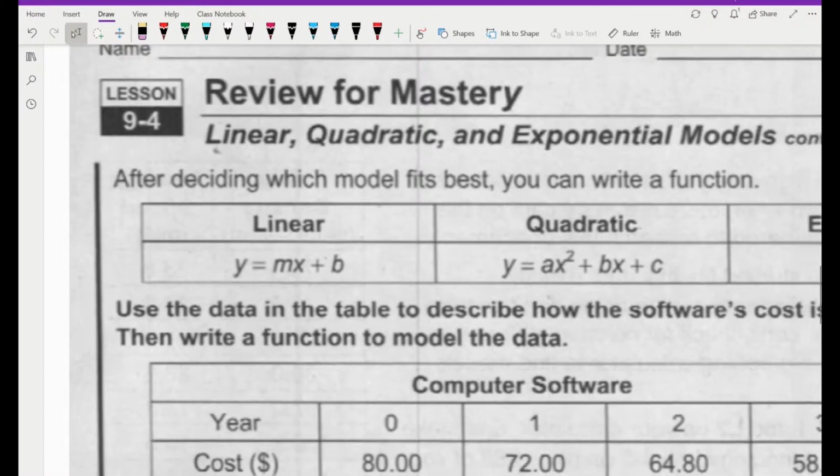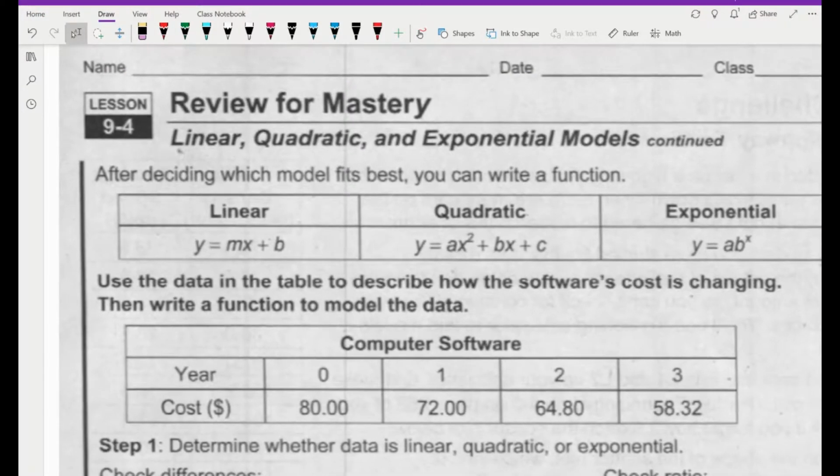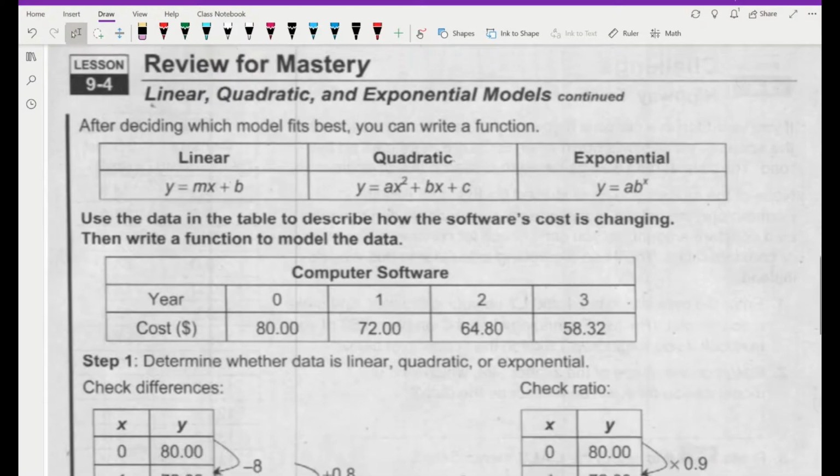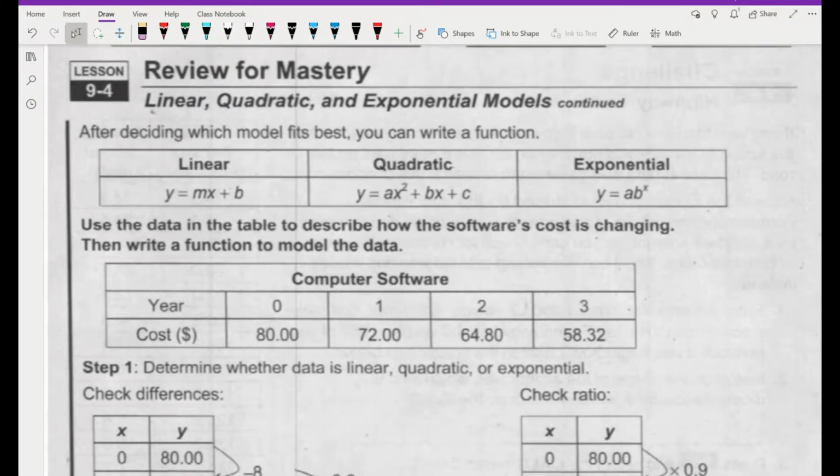Now on the next page of lesson 9.4, we are given the basic form of the linear, quadratic, and exponential models. A basic linear form follows the pattern y equals mx plus b. We first saw this back in chapter 5.